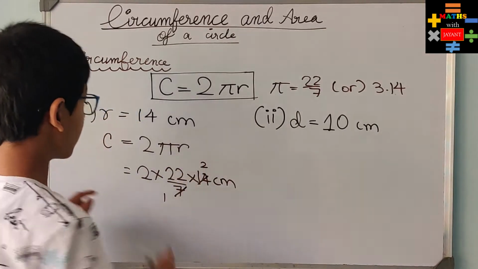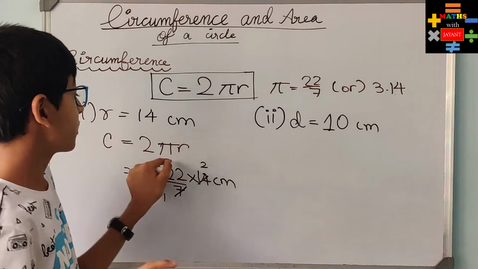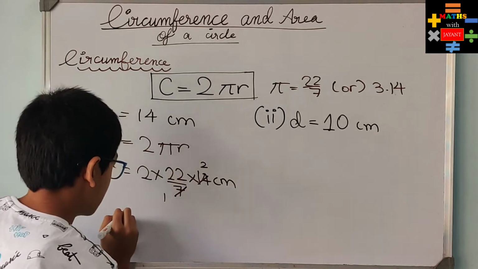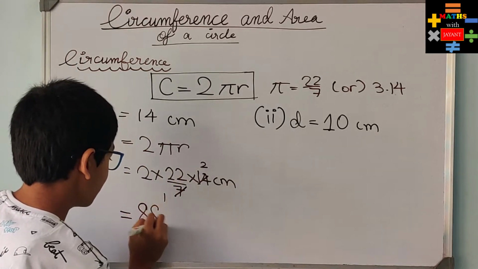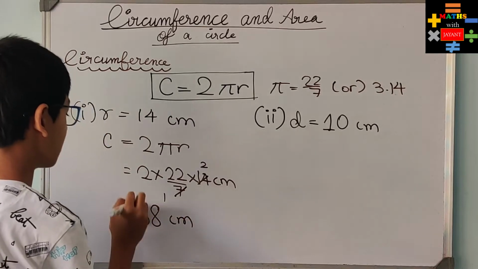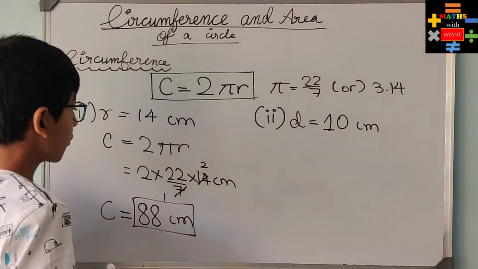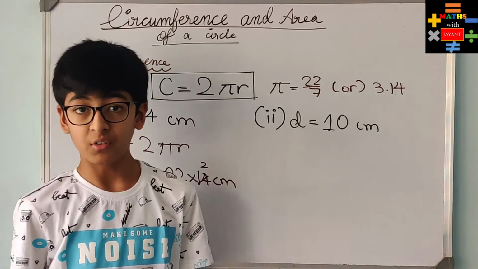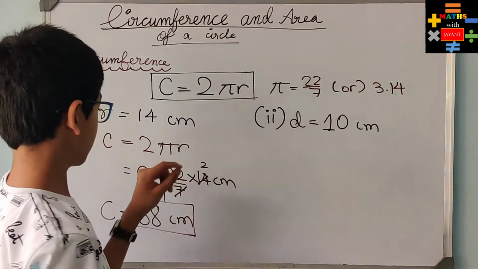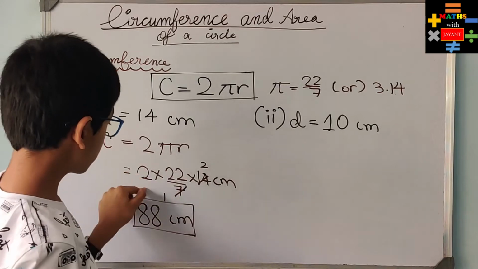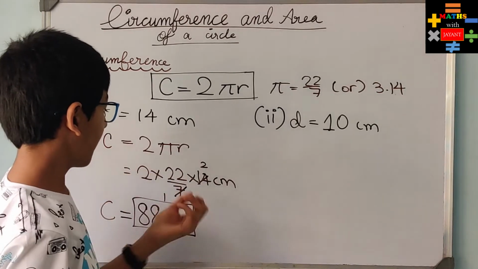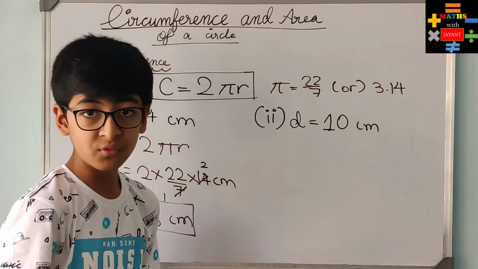I cancelled. Now 2 22s are 44, 44 2s are 88. So our circumference is going to be 88 centimeter. So this is how we calculate the circumference of a circle. If we are given the radius, we multiply that by 2 and that by pi. Pi is 22/7 or 3.14.